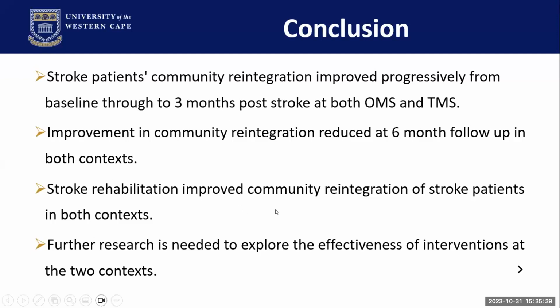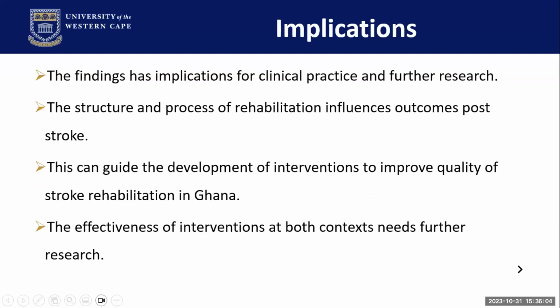Stroke rehabilitation also improved community reintegration of these patients in both contexts. But this research didn't look at the effectiveness of the intervention. So this was not an interventional study. Therefore, further research is needed to explore the effectiveness of the interventions that are being carried out at the traditional and orthodox medicine setting.